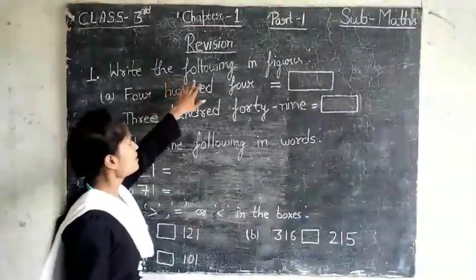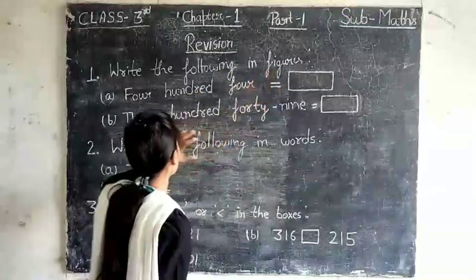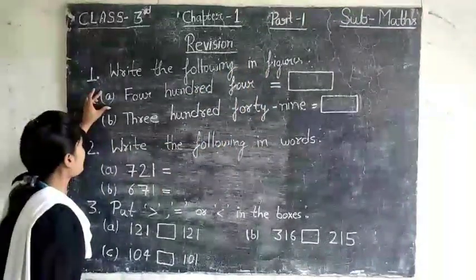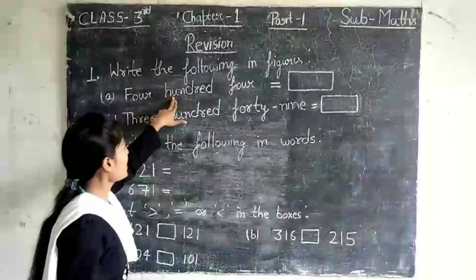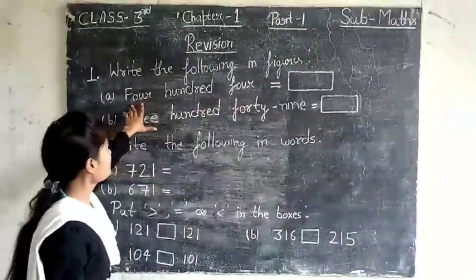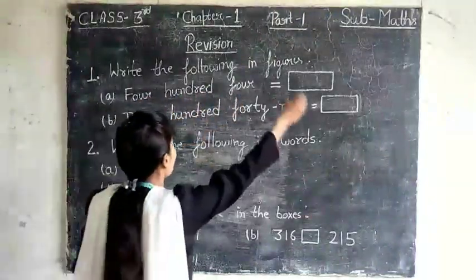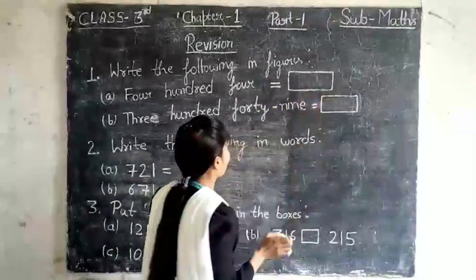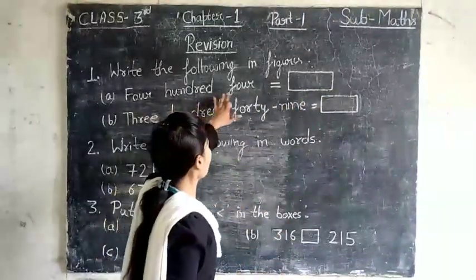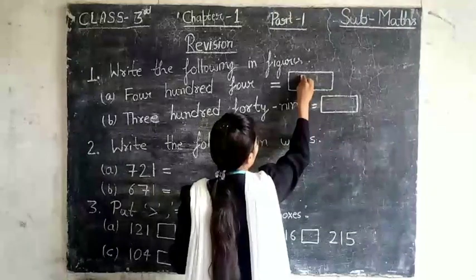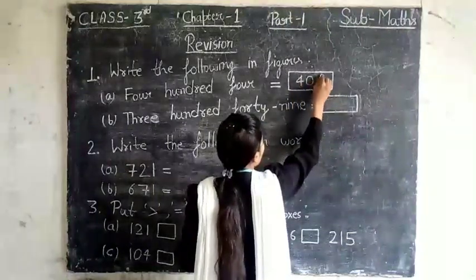Write the following in figures. The first part of the first question is 404. How to write this given word in digits? 404 is written as 404.